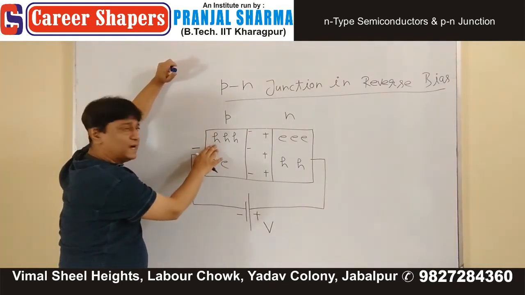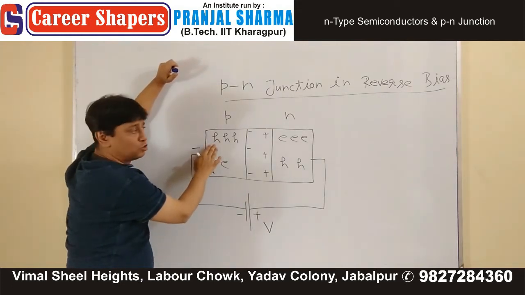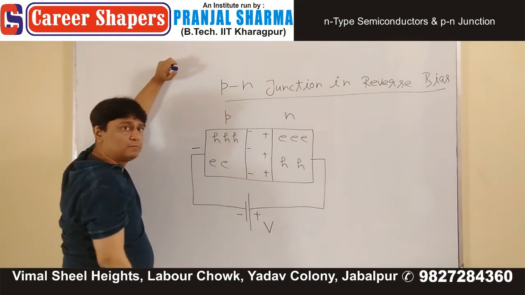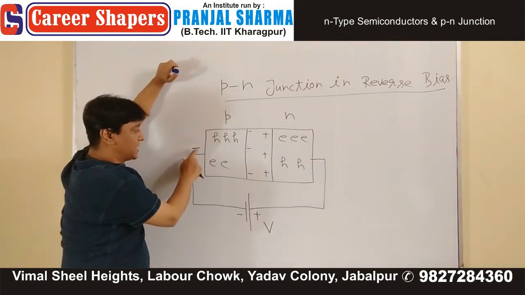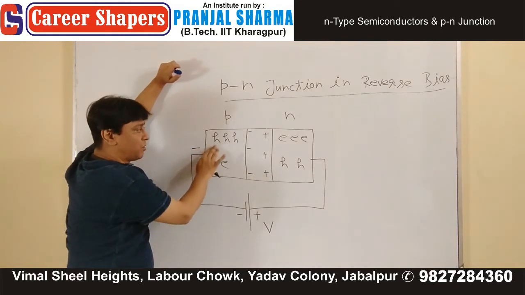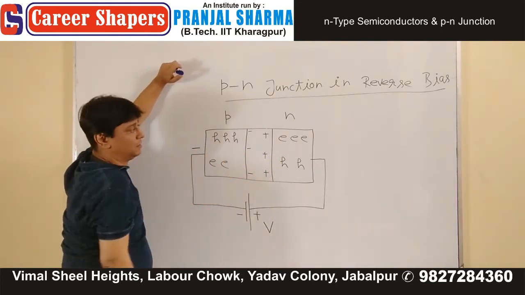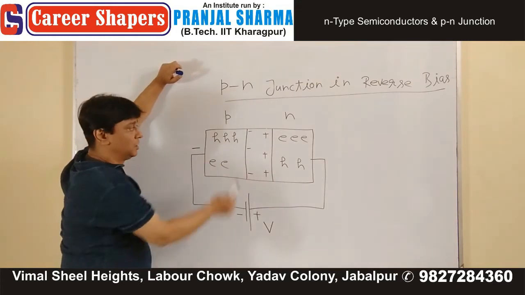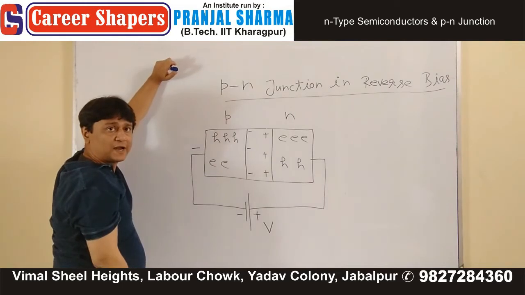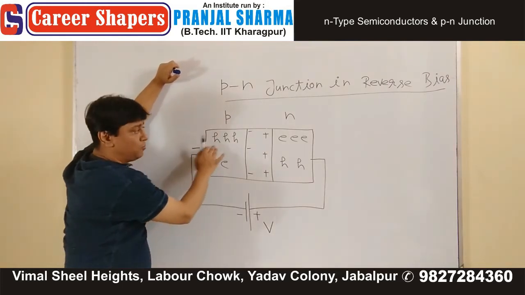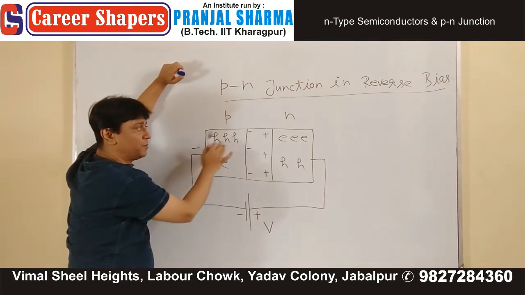So whatever tendency or willingness it had to move to this side, that is being further decreased. This negative terminal says, instead of moving that way, come to this side. That means no diffusion now can take place, no movement of majority charge carriers can take place from P to N.